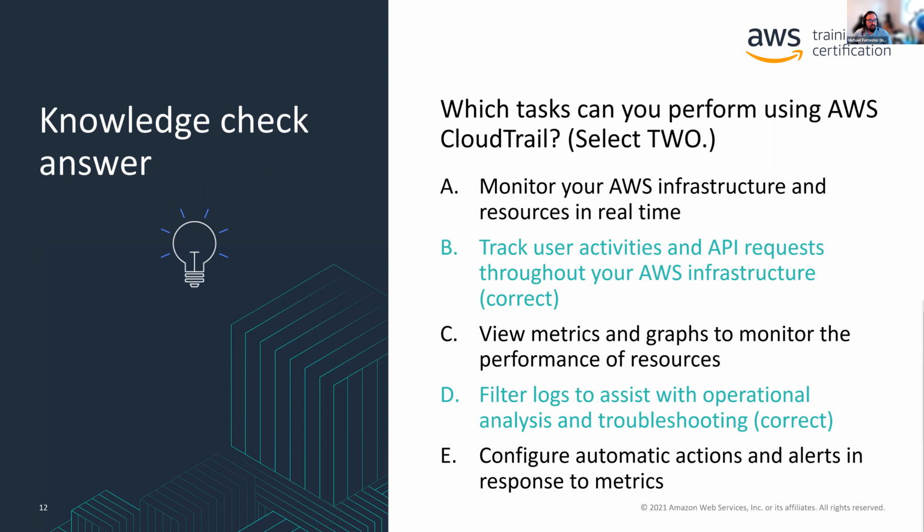That's what CloudWatch is for. And you cannot configure automated actions and alerts in response to metrics, because that's what CloudWatch is for. So remember, CloudWatch is for helping to manage and metricize your internal services inside of AWS. CloudTrail is going to check who's coming into your account. That's what it's used for.